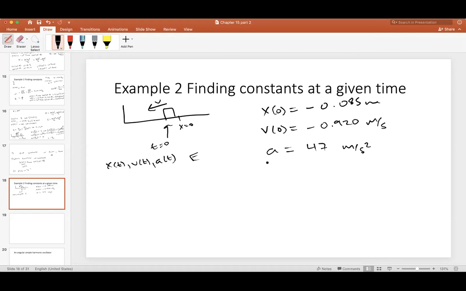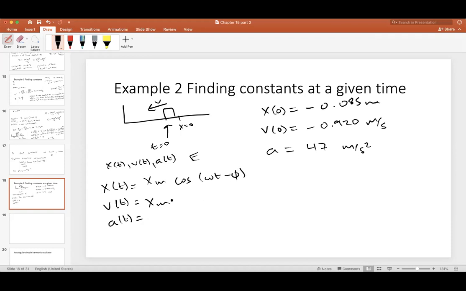So we want to somehow get our equations out of just knowing this information here. The nice thing is, you already know the form of x of t and v of t and a of t. This is x max cos(omega t minus phi).